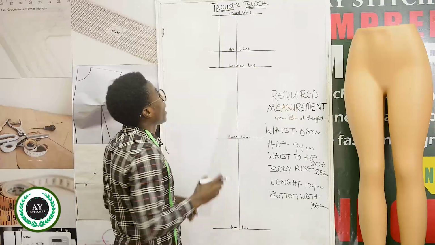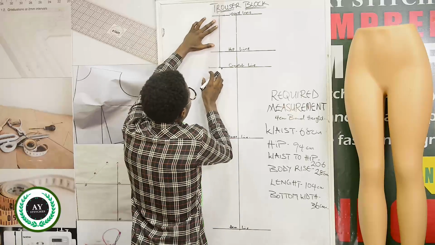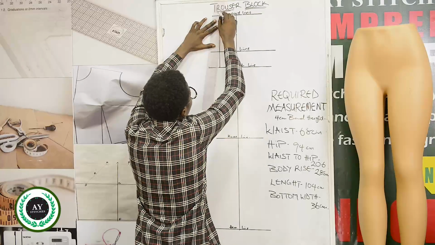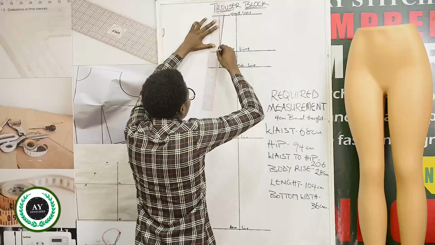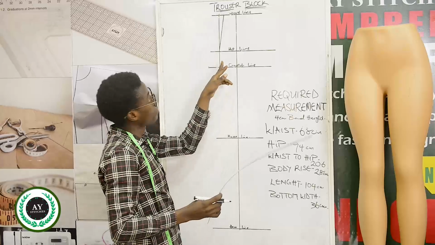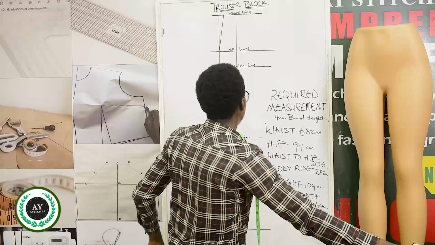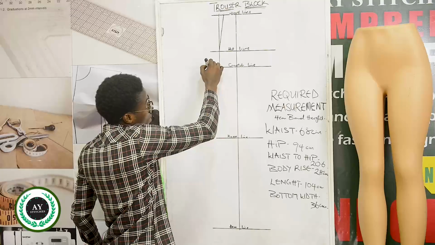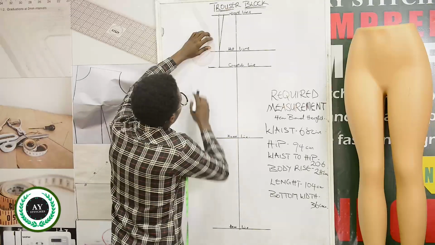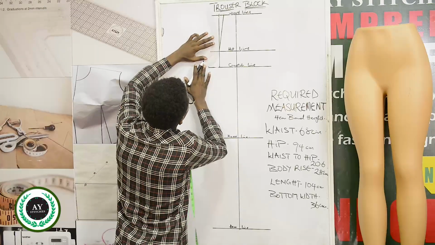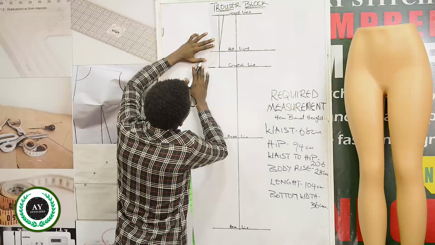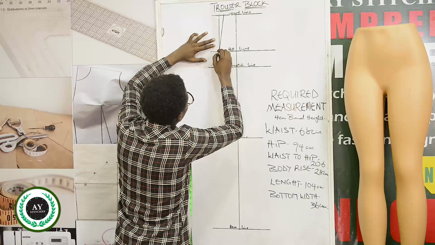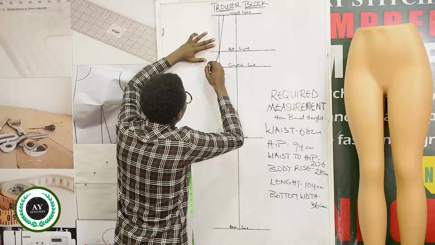The front crotch line. So all I just need to do is to connect from this 2 cm at the waistline down to my hip measurement. All right. Then to also connect from the hip measurement down to what? The in leg here. So I'm going to be connecting from the hip all the way down to the crotch line.